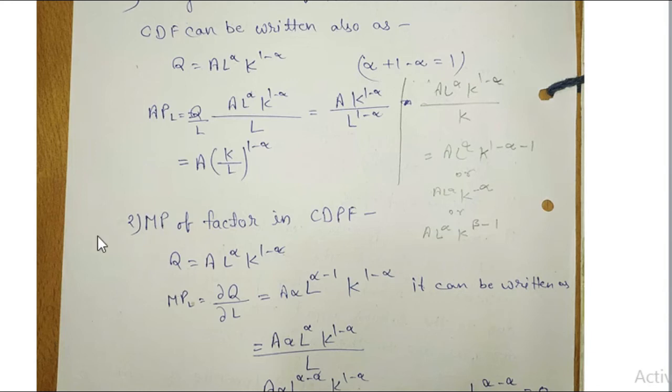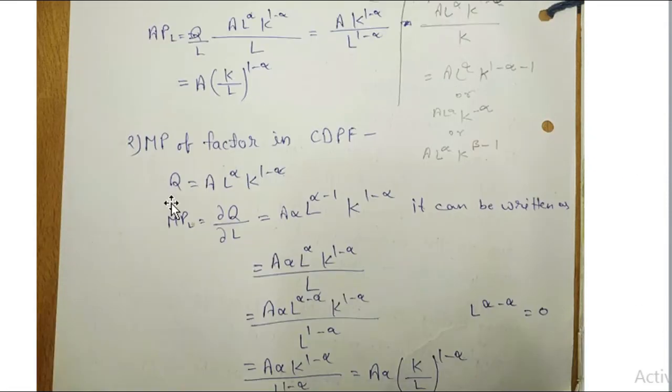Now, if we talk about the marginal product of factors in Cobb Douglas production function, then you know that you write marginal product of labor as delta Q upon delta L, and when you differentiate Q with respect to L, you get A alpha L^(alpha minus 1) K^(1 minus alpha), because it will be the same.